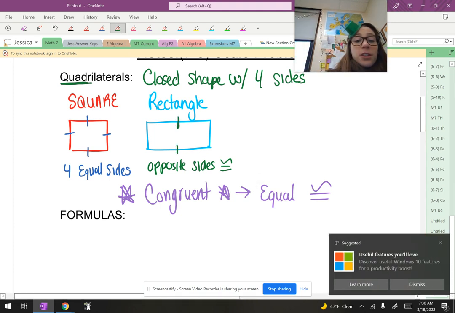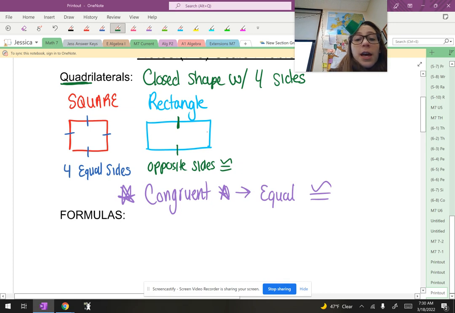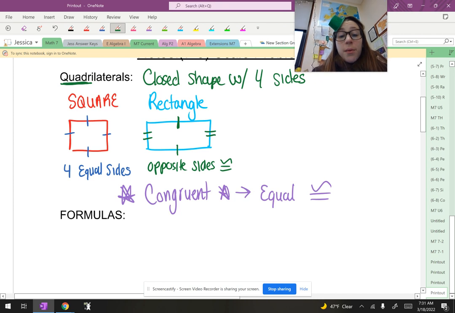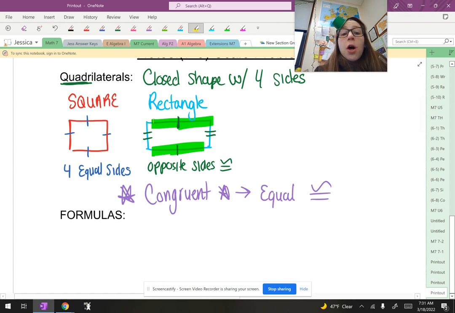This side is congruent to this side, and this side is congruent to this side. Notice how with my hash marks, I used 2 on this side and 2 on this side. That's to show you that those 2 are equal to each other, but they're not equal to the bases. The bases are equal to each other, but different from the 2 sides there. That's what the 2 versus the 1 hash marks mean.